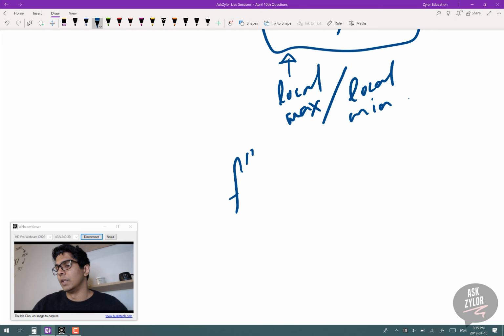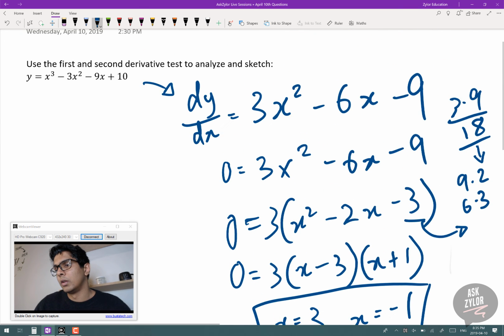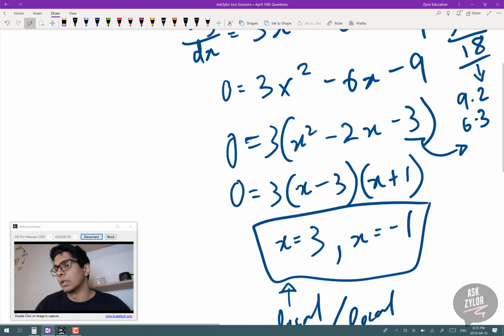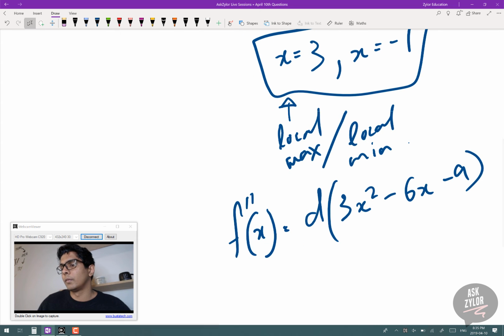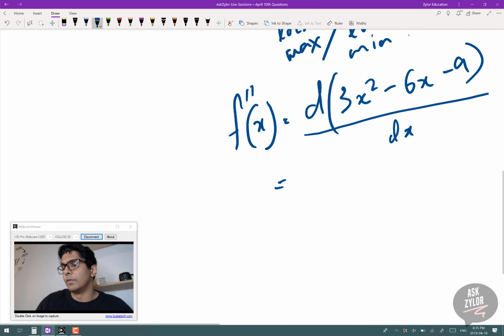So my second derivative is going to be, when I take the derivative of 3x squared minus 6x minus 9 in terms of x, 6x minus 6.